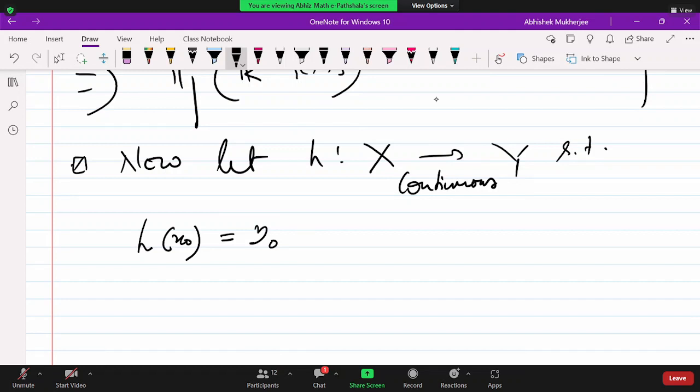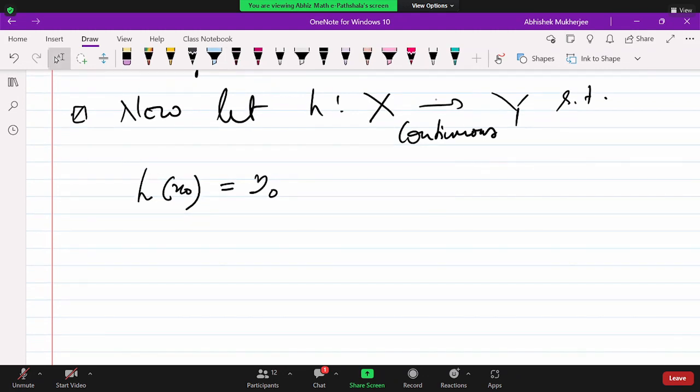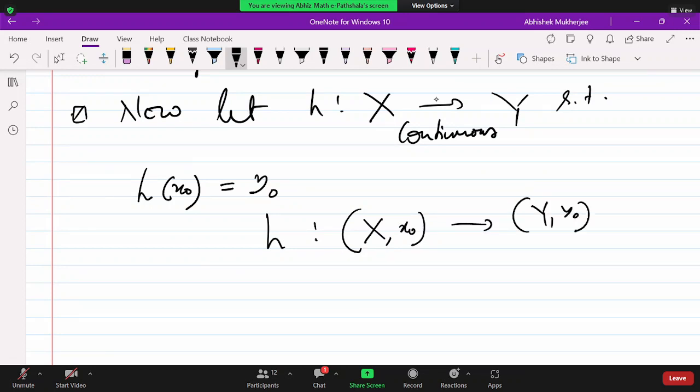So h of x naught must be y naught. So we need to set up a map from the fundamental group of X based at x naught to the fundamental group of Y based at y naught, right? So we can denote this function like this, displaying the assumption that h of x naught is y naught.